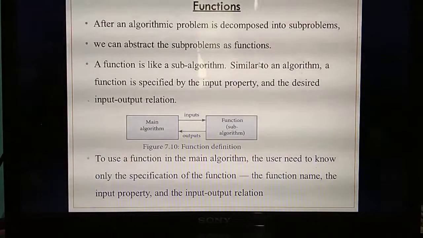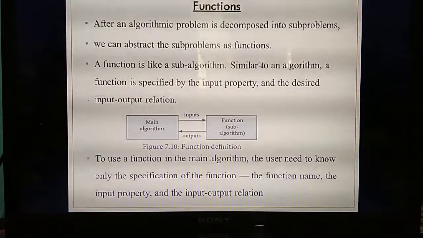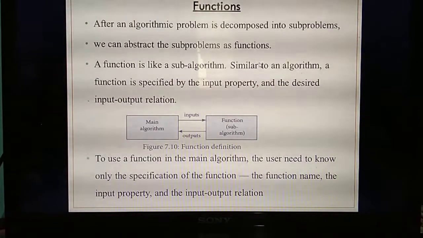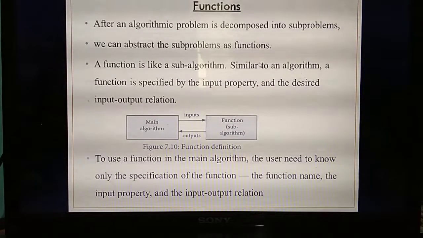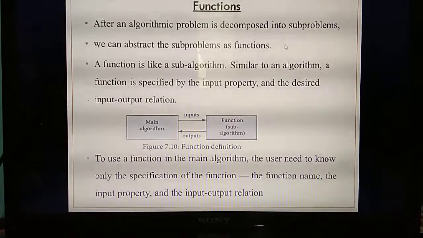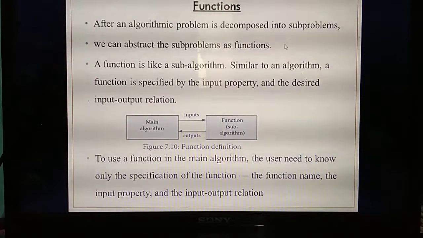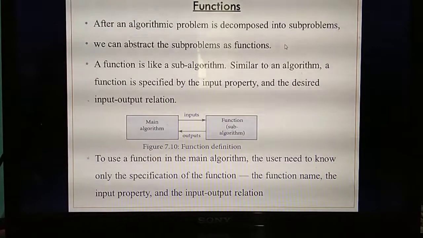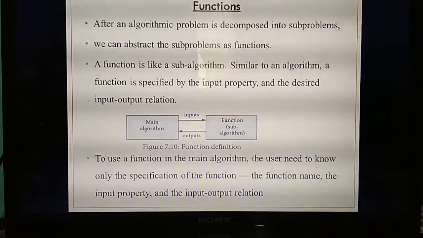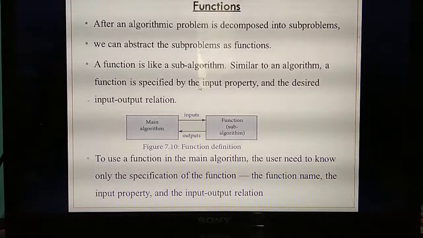For example, get ready for school is split into eat breakfast, put on clothes and leave home. These three we are calling what? Sub-problems. These three sub-problems are called functions. Understand, those sub-problems only we are calling functions. Otherwise, we can call a sub-problem a sub-algorithm.